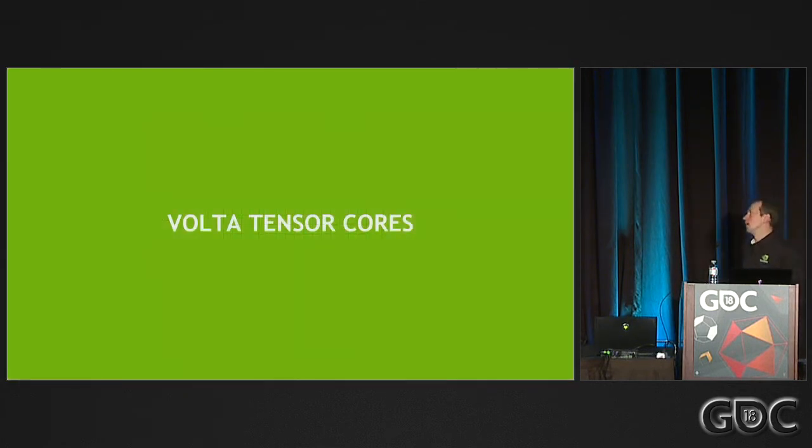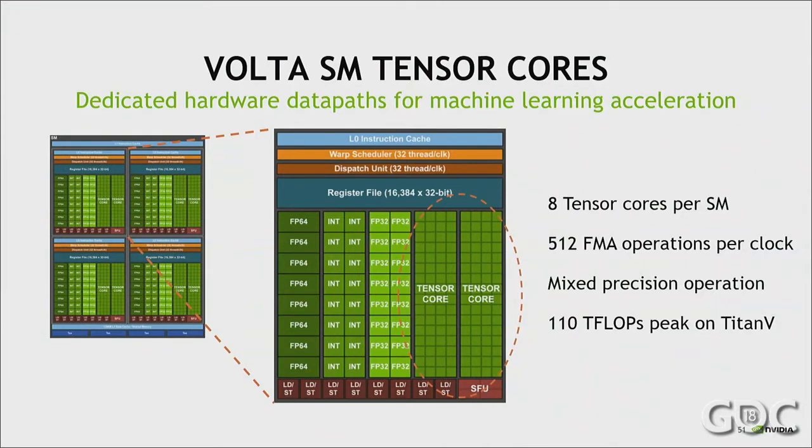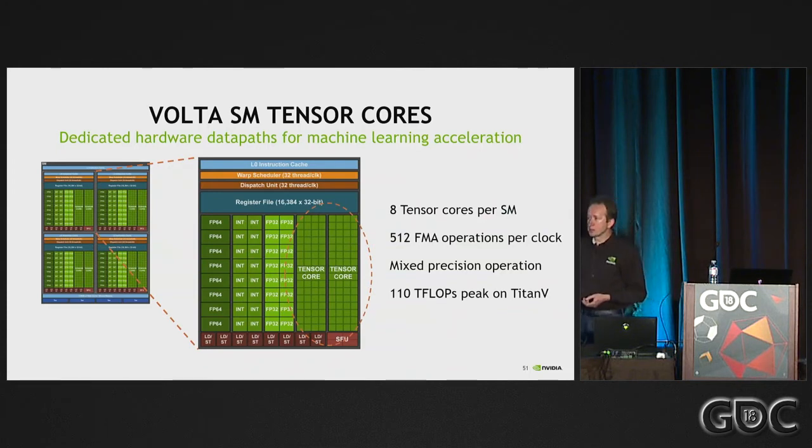On our recent GPU architecture called Volta, we introduced a new SM design, which, along with many other improvements around programmability and efficiency, introduced Tensor cores. Tensor cores are specialized data paths in hardware, which are specifically designed and optimized for machine learning acceleration.